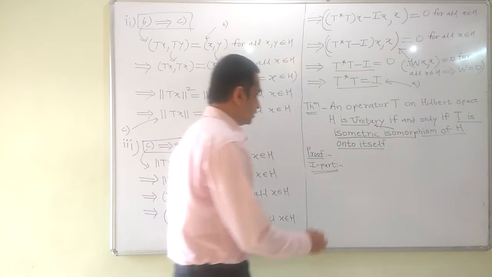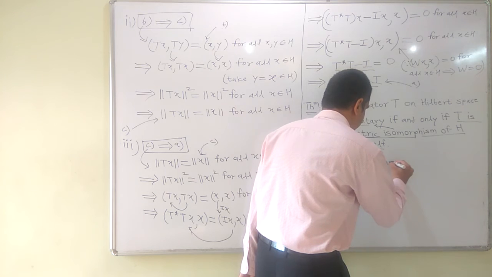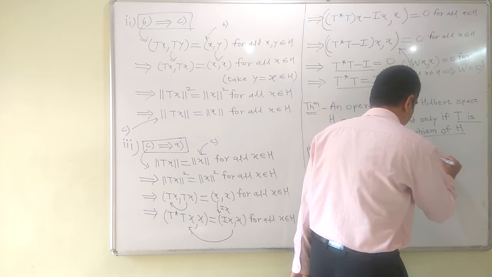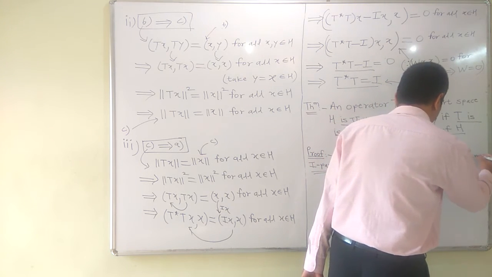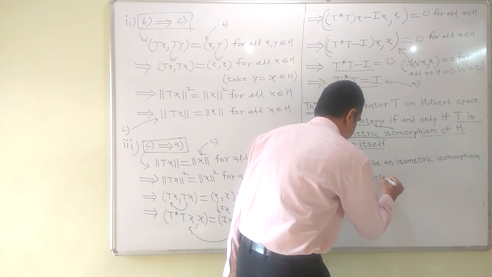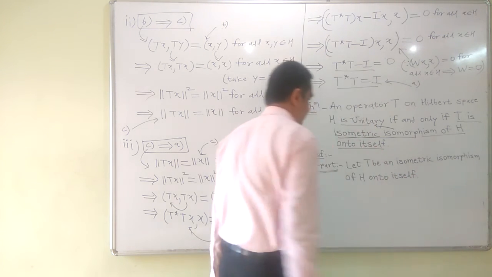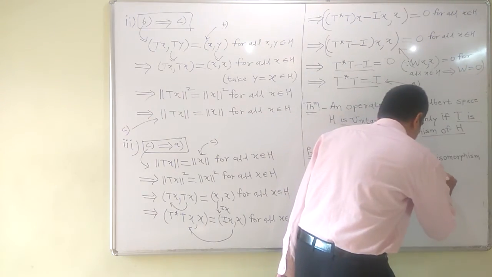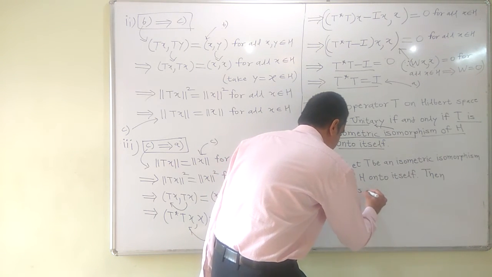Let T be an isometric isomorphism of H onto itself. Then T satisfies these properties. First, T is linear.